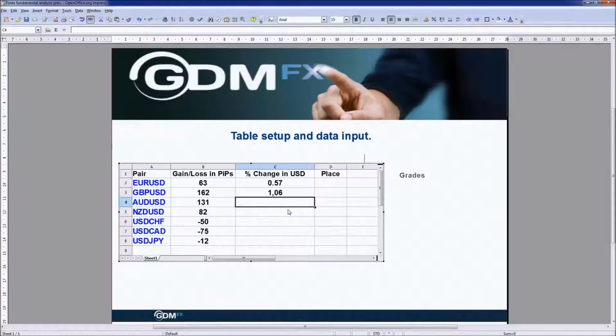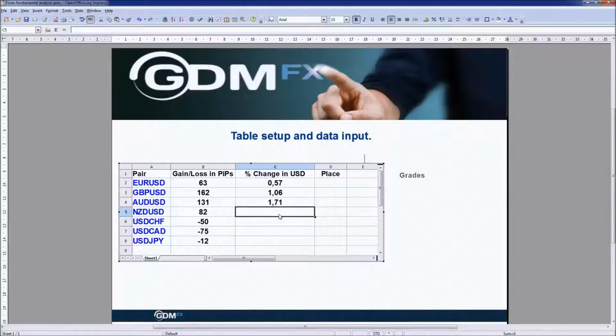The current price is 0.7655, and we have 131 pips of change to the upside of the Aussie, dividing by the price of 0.7655, dividing one more time by 100 to get the percent, and then we have 1.71% in USD change. I just want to change this with a comma here so they are all the same.